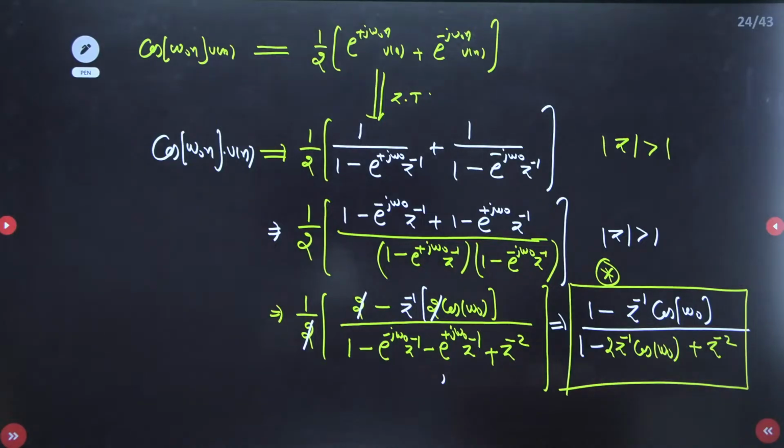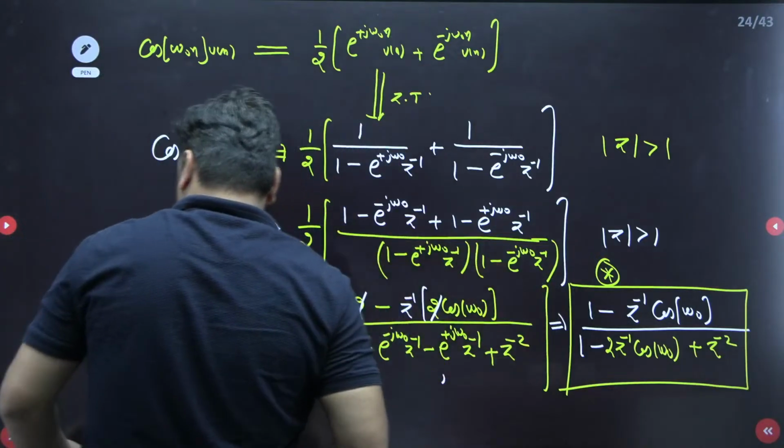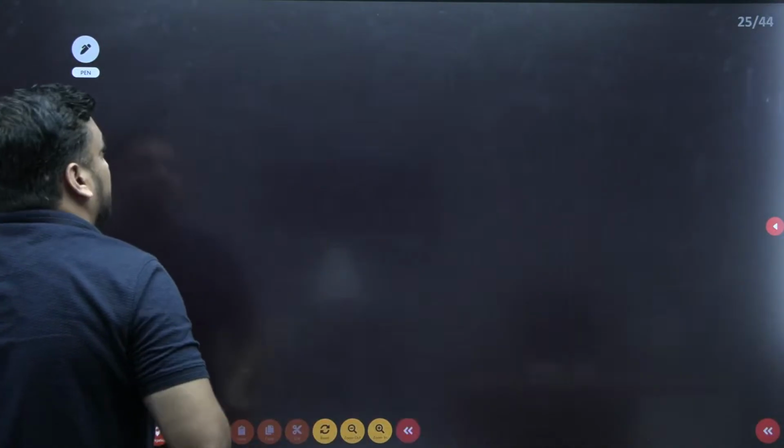So if it is done, can you try similarly for sin omega 0 n u[n]? Just let me know. Only here in the denominator 2j will come and the sign will change. I will write here cos, after that we will do sin also.